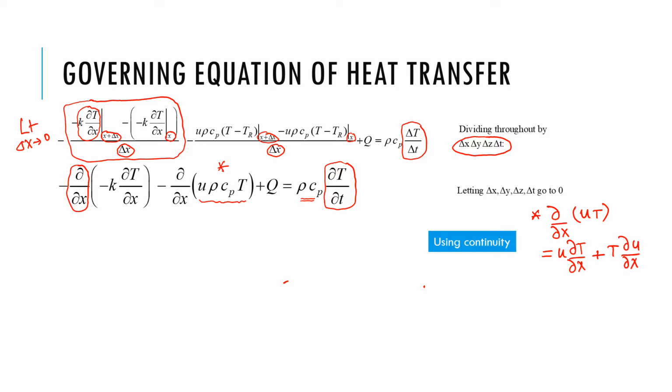Now notice that in our control volume, if we think of the velocity coming in, let's say this is my x and this is x plus delta x, the velocity at x and the velocity at x plus delta x, is there a relation between them?